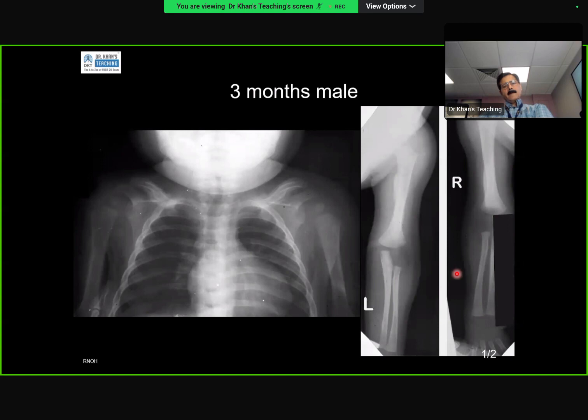So I believe that this could be a case of, considering the age of the child being 3 months, I was thinking on the lines of infantile cortical hyperostosis, but the age is a little less for it. Why do you say it is less? What is the age of infantile cortical hyperostosis?